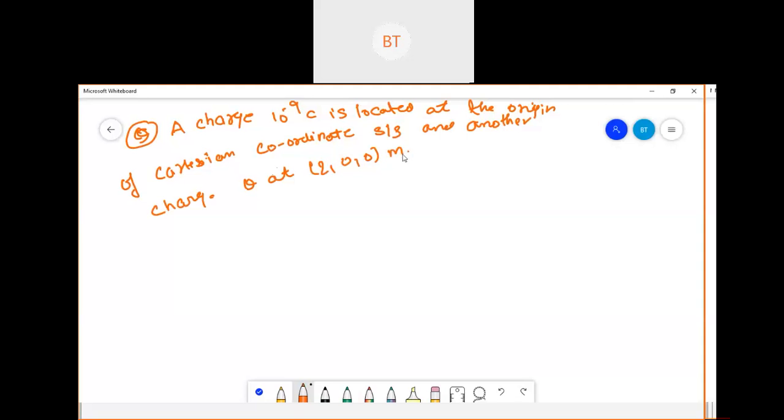Two coordinates are given here. One coordinate is at the origin and the second at 2, 0, 3.